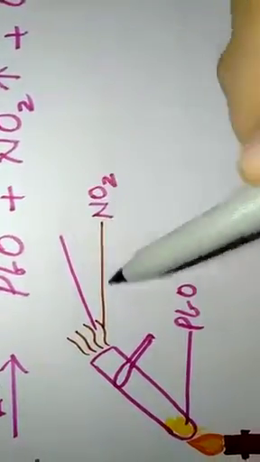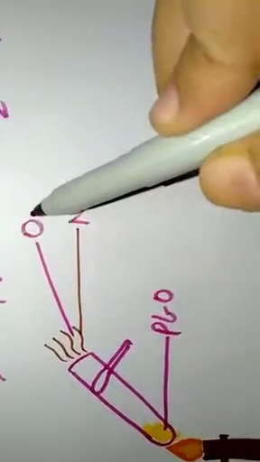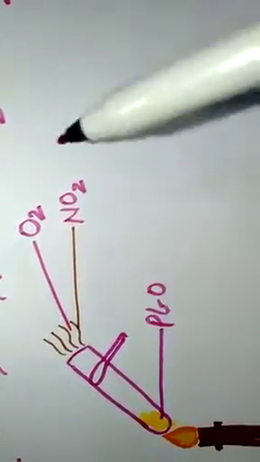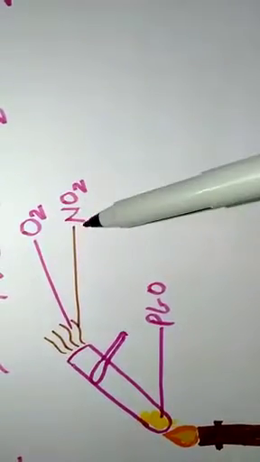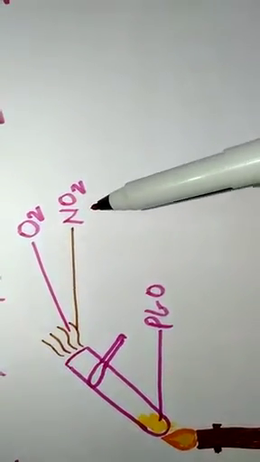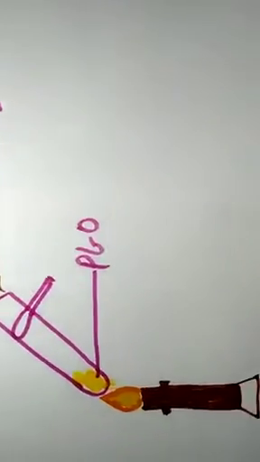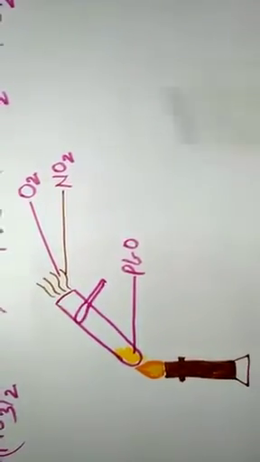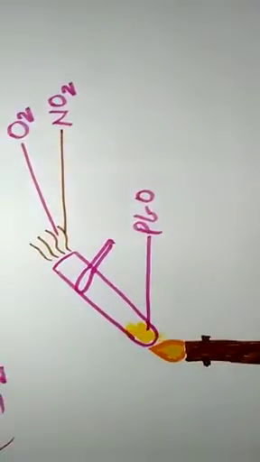This is recognized with the help of brown fumes, and these are the oxygen gas fumes, which are colorless. Oxygen is a colorless gas, nitrogen dioxide has brown fumes, and lead oxide is yellow in color. So this is another example of thermal decomposition reaction.